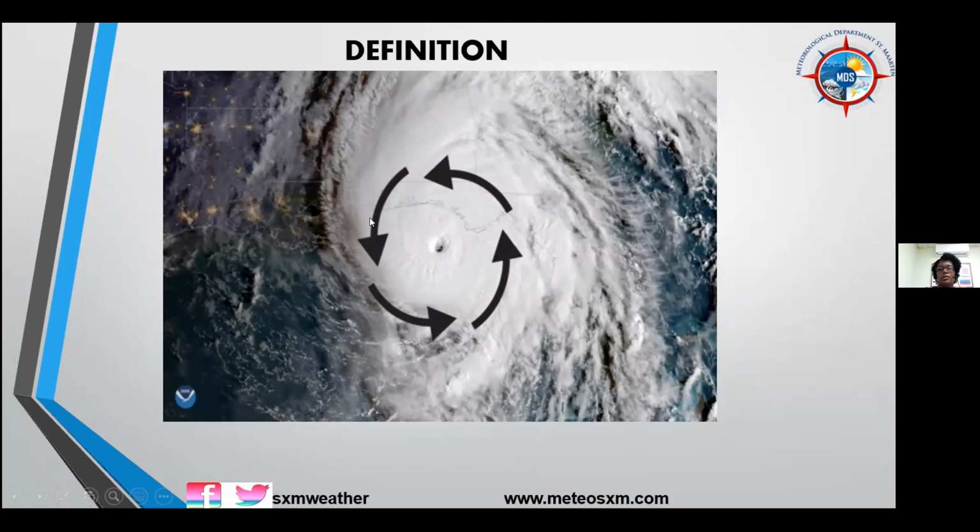That is when we say there is a closed circulation. Most times there are systems out there, and they say it's not yet a storm because they cannot find a closed circulation. This is what they mean: you cannot find points around the system that will form a circle with the same barometric pressure.